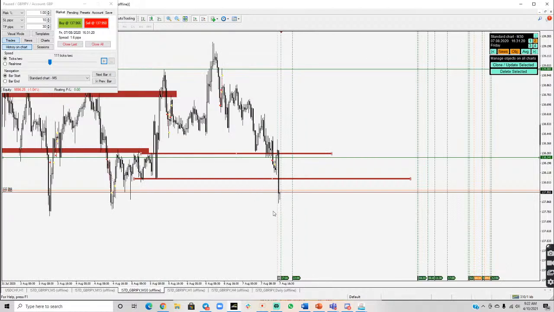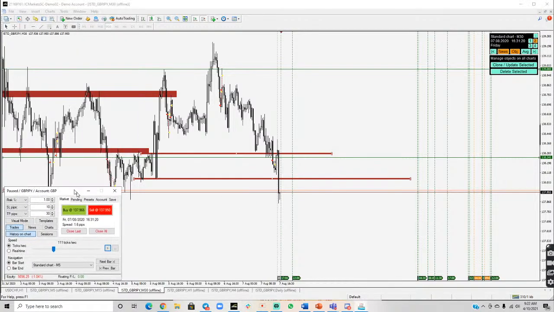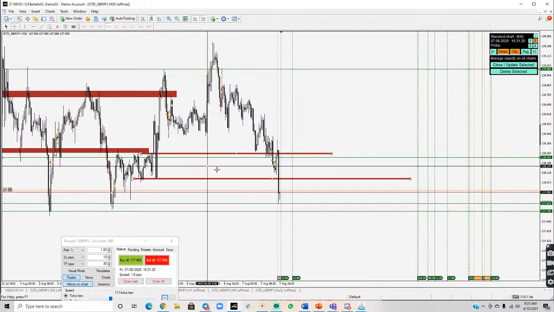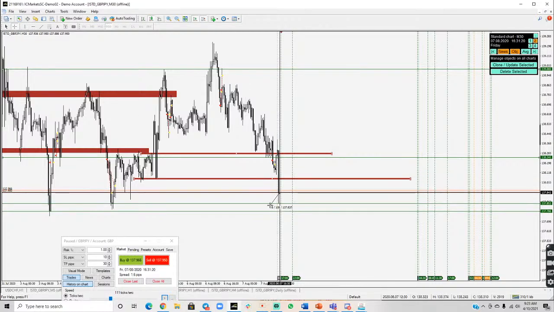Yeah, so even at this point, you wouldn't be able to take a sell because, as I can see here, we have support and support, and these ranges are very small. This is like 10 pips and overall 16 pips. So these ranges are very small. So you still wouldn't be able to take a sell.